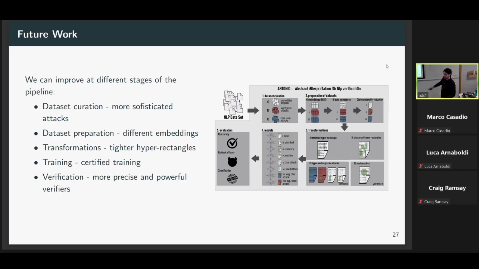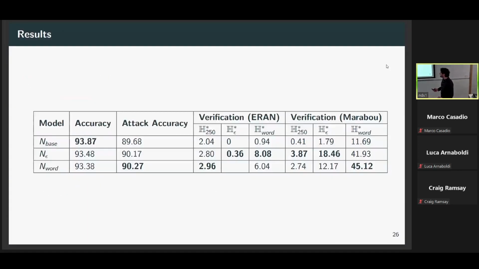Did you look at which models apply best to specific transformations, not the whole body of attacks, but just part of them? Let me see if I got it correctly.